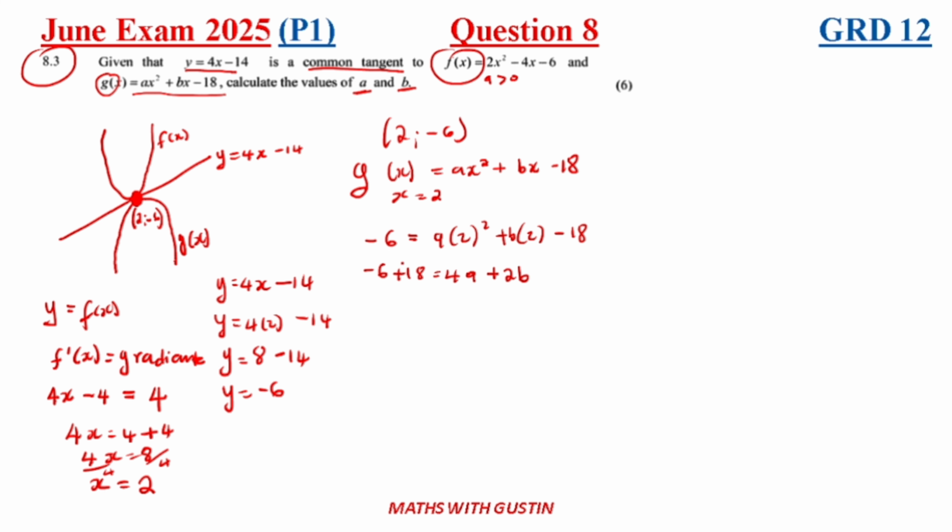So here what we're going to have is 12, since negative 6 plus 18 gives us 12, is equal to 4a plus 2b. So we can call this our equation 1, right? But however, what can we do next?